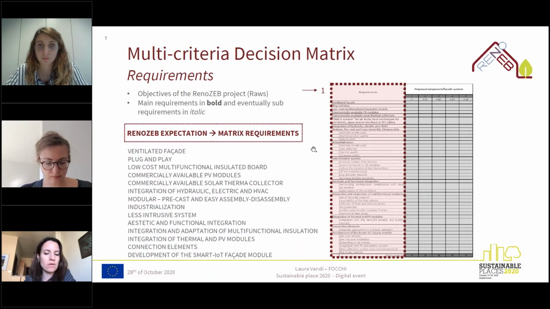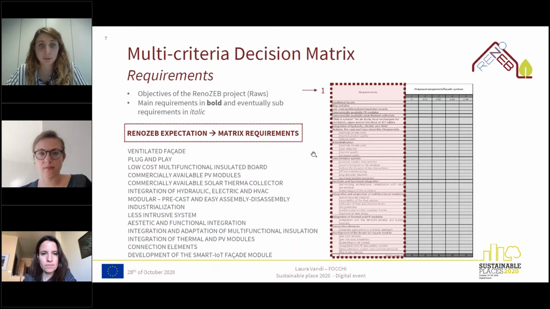And I'm not really aware about the cost of these unitized modular facades or cladding system, if it is cheap or expensive. I'm wondering if you have already taken into account this point.